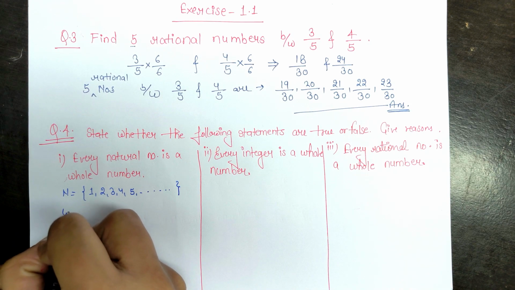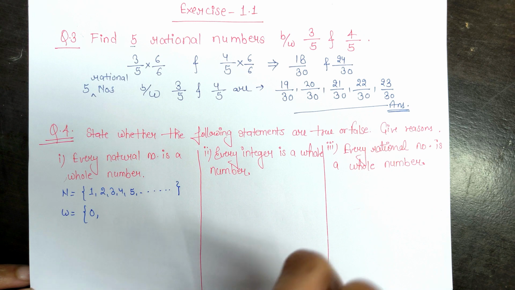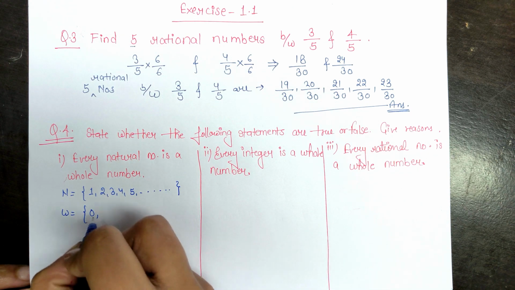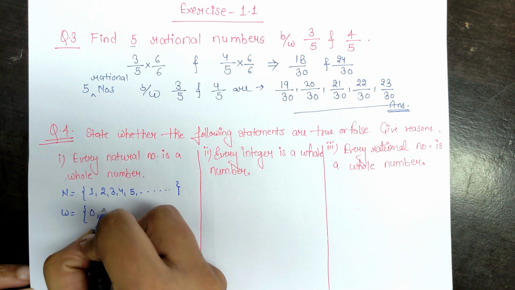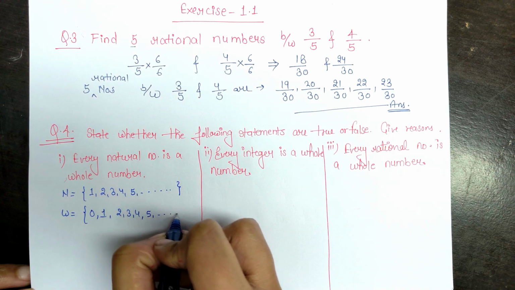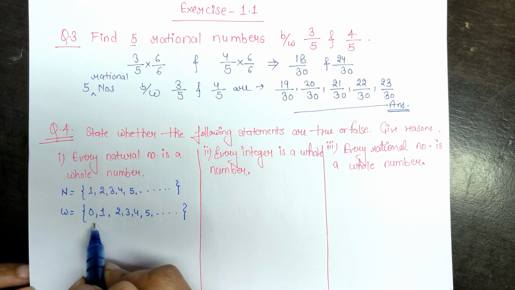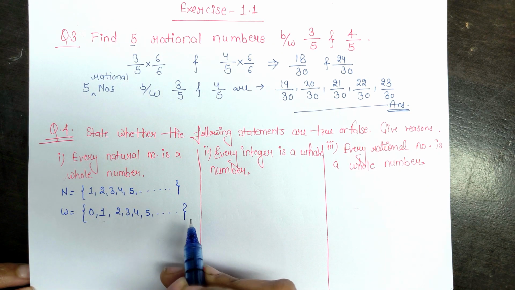Whole numbers are all the positive integers along with 0, inclusive of 0. So 0, 1, 2, 3, 4, 5 and so on. So now we can see that all the natural numbers are present in the set of whole numbers.